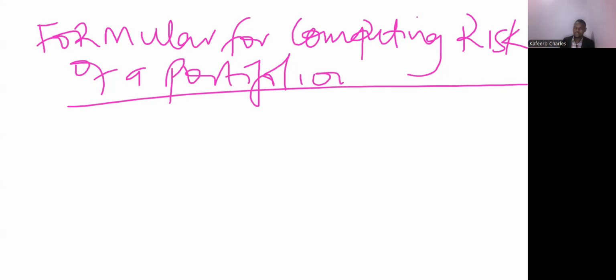The problem is actually on this risk of a portfolio because the other one is a little bit easy. We know that for us to compute risk, we need the standard deviation. So we know that risk is measured by using standard deviation.